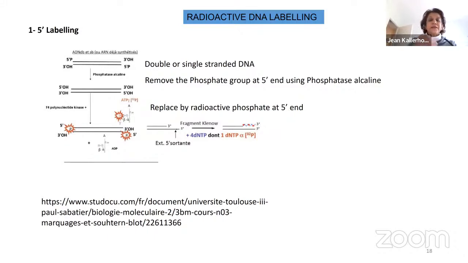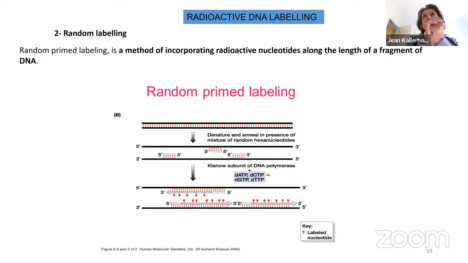The second method of labeling, which is much more used, is called random labeling. The random prime labeling is a method whereby, instead of labeling only the 5' extremities, you will label inside the DNA, every stretch of DNA all along the length of the fragment.